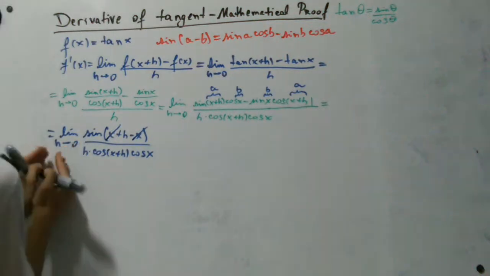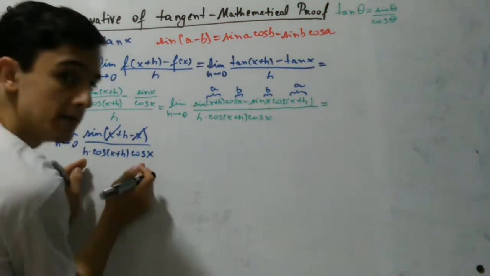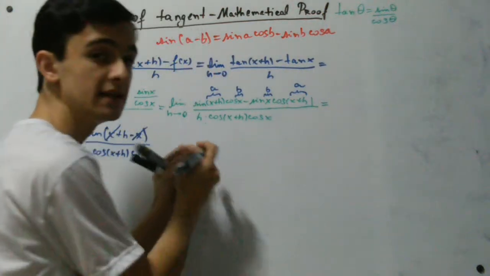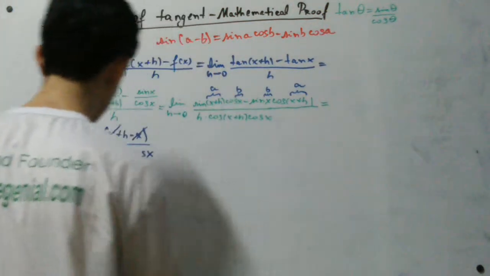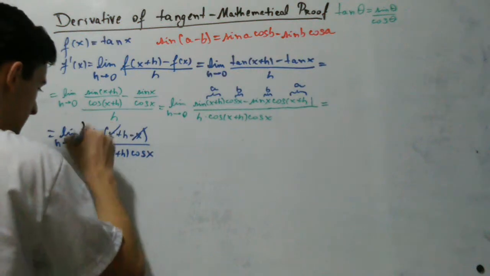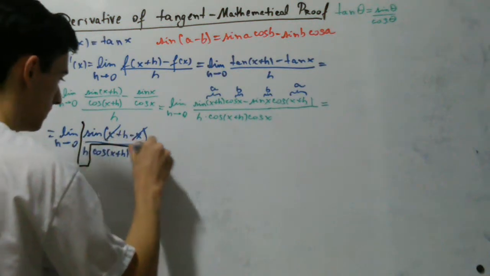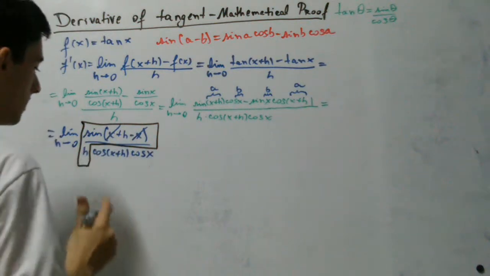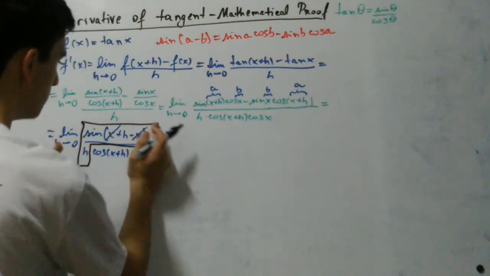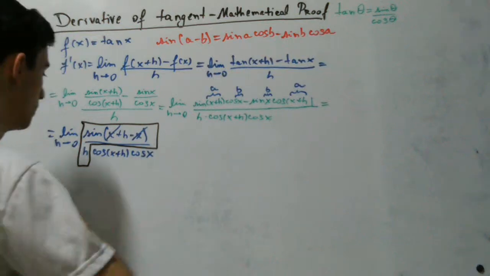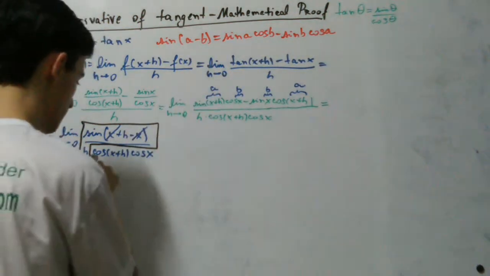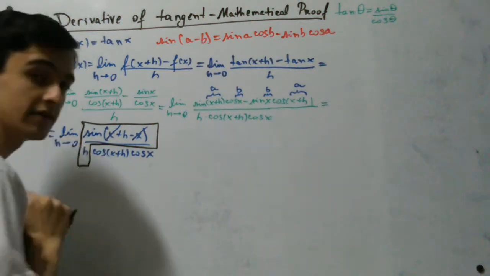So what we can do is, we have a limit of two things being multiplied. This is equal to the limit of one thing times the limit of the other thing. Let's consider this one part, this sine of h over h, and the other part, another thing. We have one part times the other, which is just sine of h over h times 1 over cosine of x plus h times cosine of x.